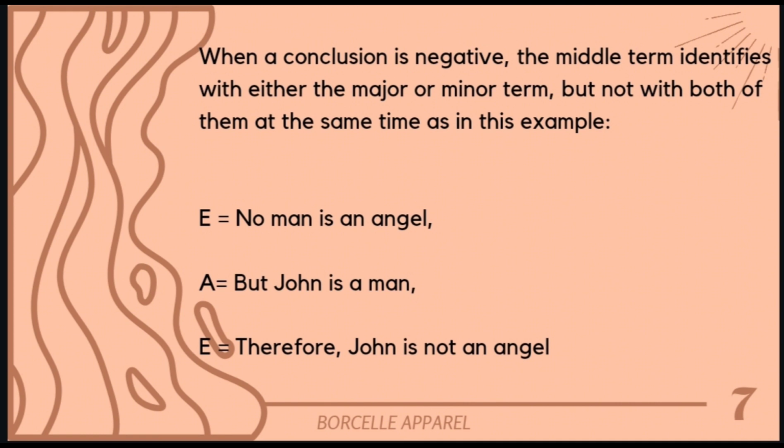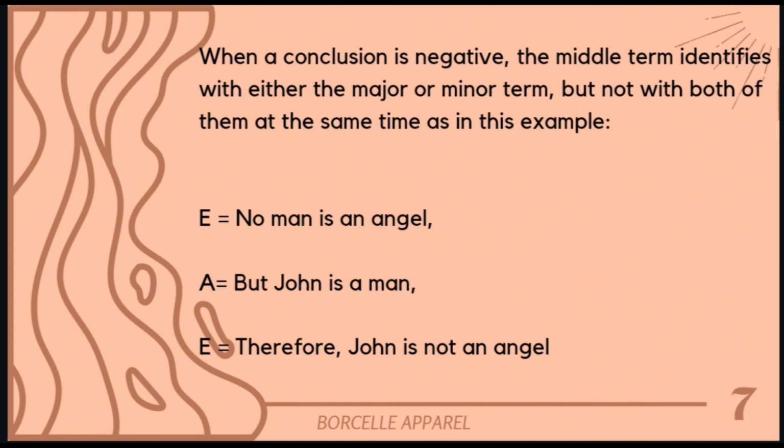So, the meaning of this: the E, no man is an angel, is the major premise. It is a universal negative proposition indicating that the category of man does not intersect with the category of angel. It sets a relationship between the major term, angel, and the middle term, man.